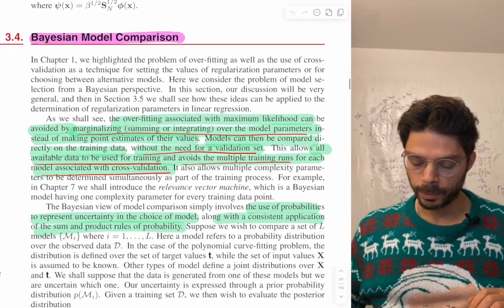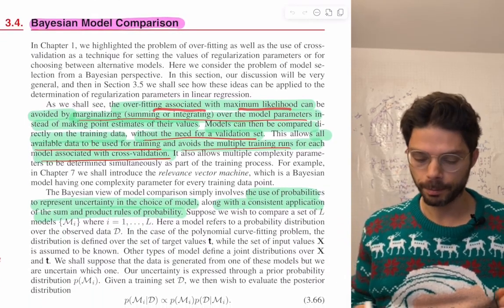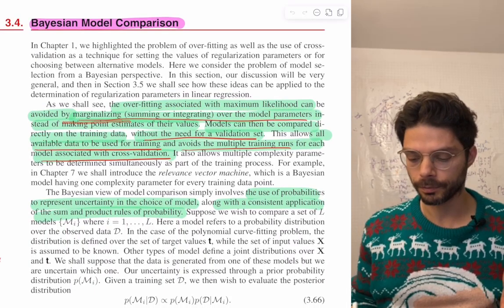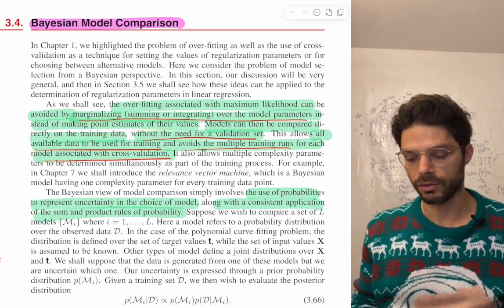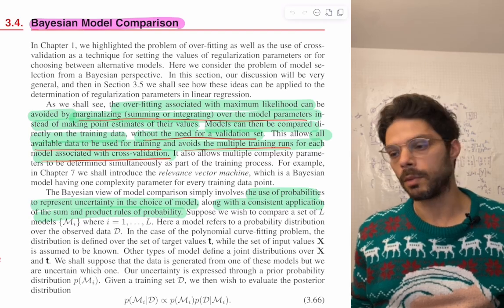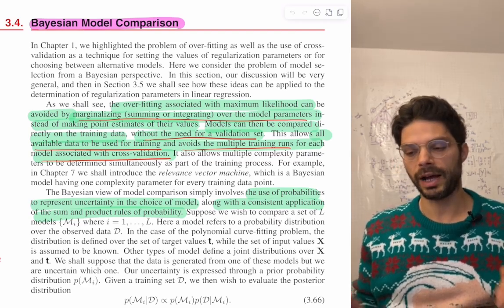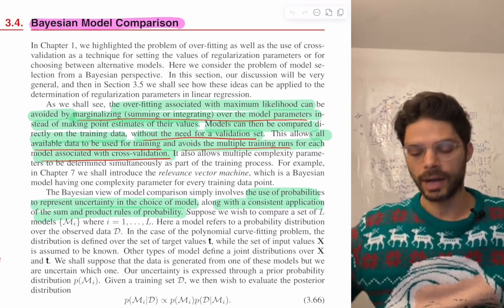Okay, so as we shall see, the overfitting associated with maximum likelihood can be avoided by marginalizing over the model parameters instead of making point estimates of their values. So what we're going to do is we're not just going to report the performance of the best fitting set of parameters, but actually weight the performance of all of the parameters over our entire parameter space.